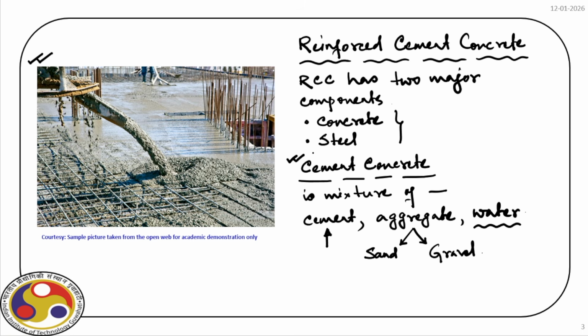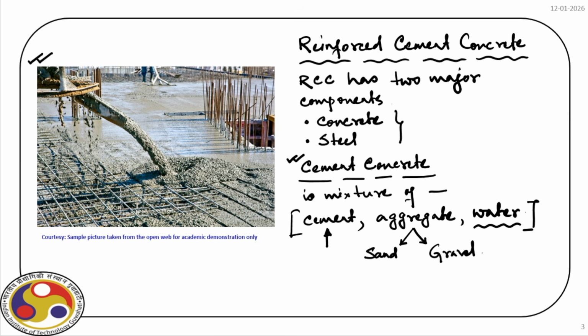Now, this proportion of different materials in cement concrete is extremely important because that dictates the strength of the material. We'll come to that point. But before that, when we mix all these components together, initially they form a plastic mass that gradually flows. As you can see here, the concrete is flowing and there is a formwork.